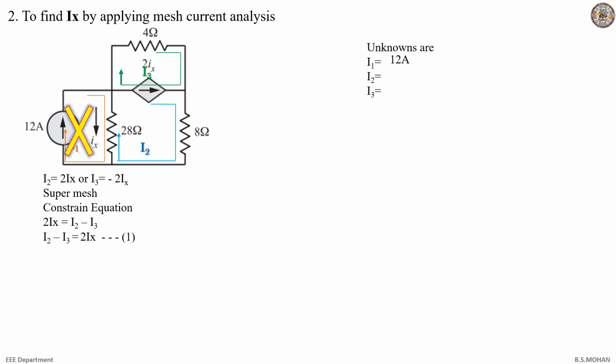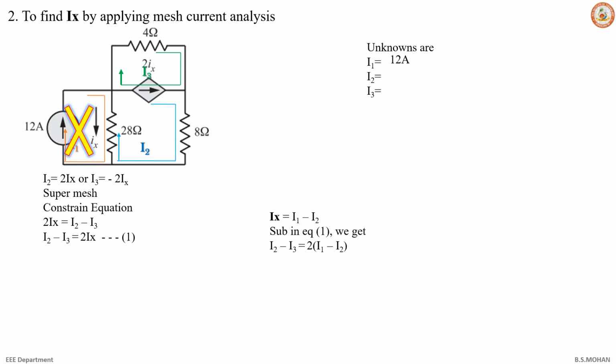In equation 1 we have got the variable Ix, so we have to replace this Ix. What exactly is Ix? Ix should be written as I1 minus I2 only. Why? If you are not sure, you can refer to the previous videos on mesh or super mesh. How is it I1 minus I2 only and not I2 minus I1?